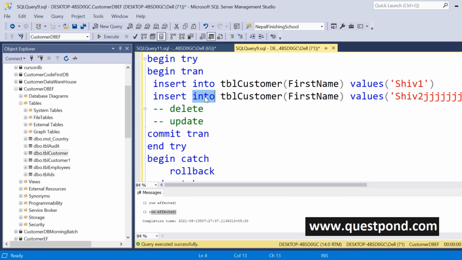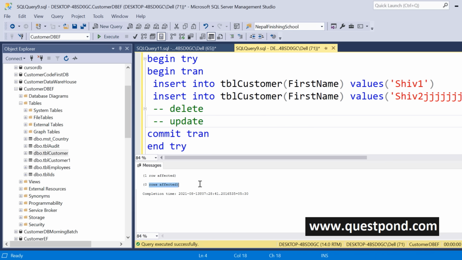So in the second statement, it will come to this catch block and roll back, and it will roll back even Shiv1. So Shiv1 will also not get saved, even though Shiv1 was successful, because we have said begin trans and commit trans, it would roll back, right? So I'm going to go and execute this, and you can see here 0 rows affected.